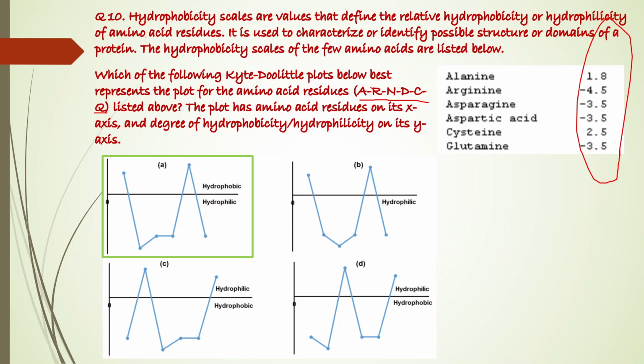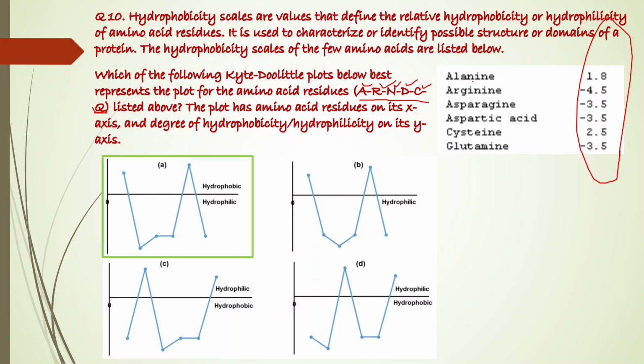The only trick is whether you remember the one letter codes of the amino acids or not. Just understand that alanine means A, arginine means R, N is for asparagine, aspartic acid for D, C is for cysteine and Q is for glutamine. Just this thing you need to understand, nothing else.